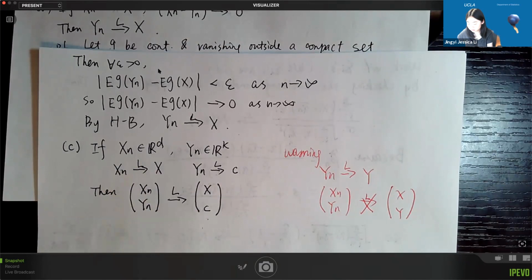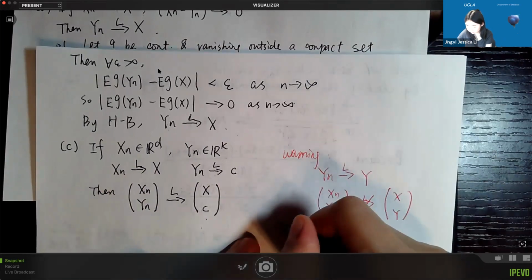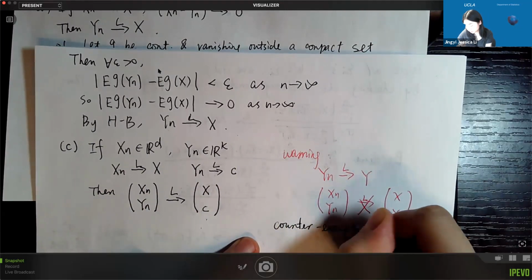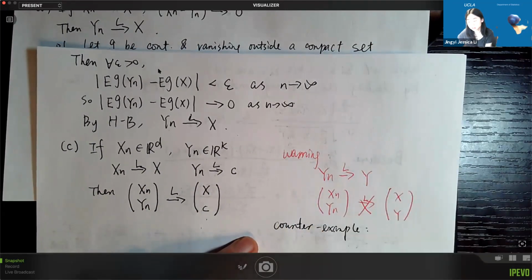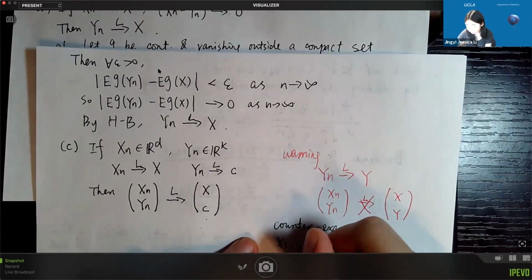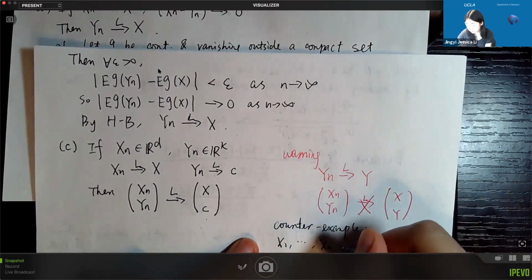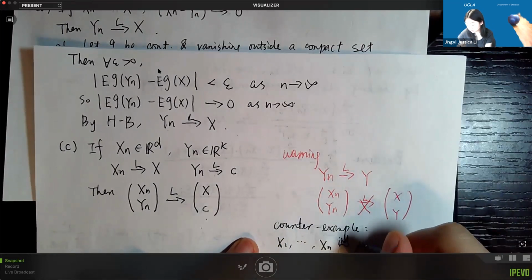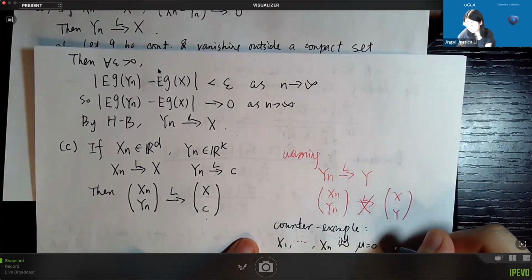For example, a counterexample is to be constructed by playing with independence. So let me have X1 to Xn, let's say iid, and they have mean equal to 0, variance equal to 1.